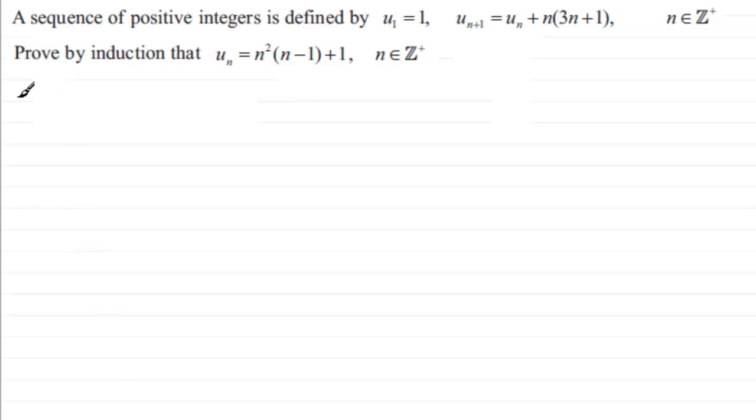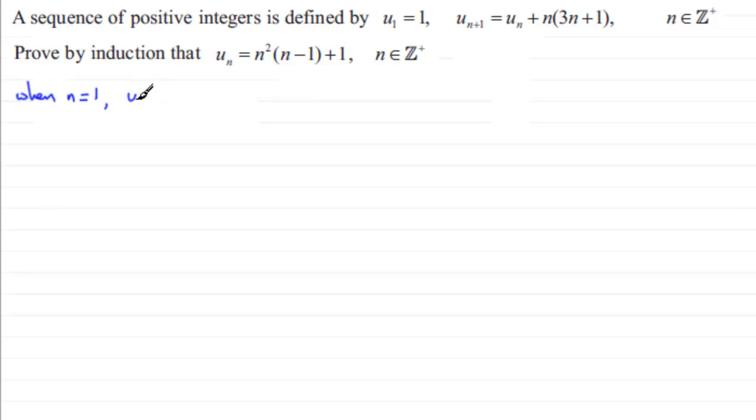So first of all, the usual way, what we have to do is prove that it's true for when n equals 1. So when n equals 1, we look at the first term, using this formula here.